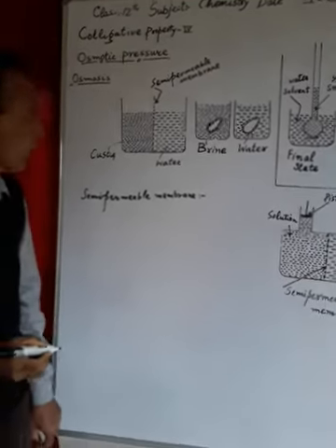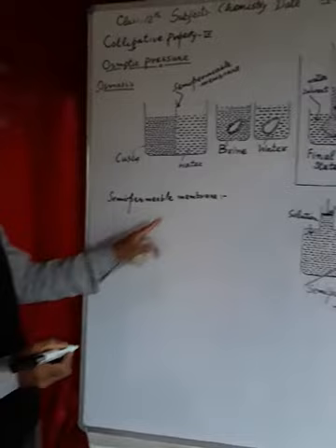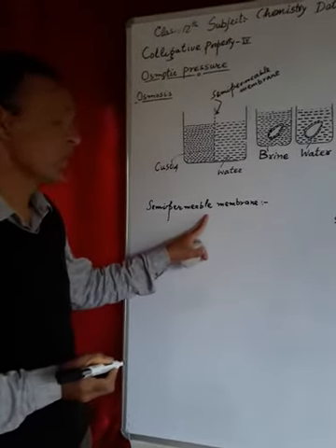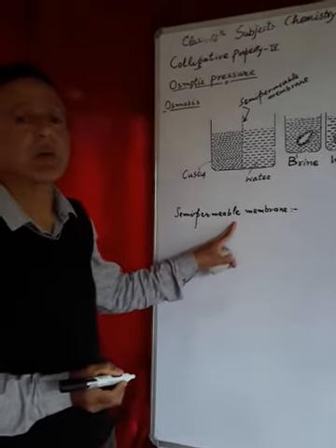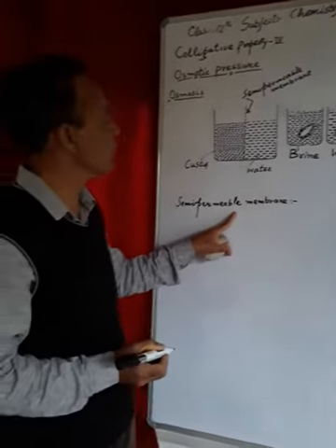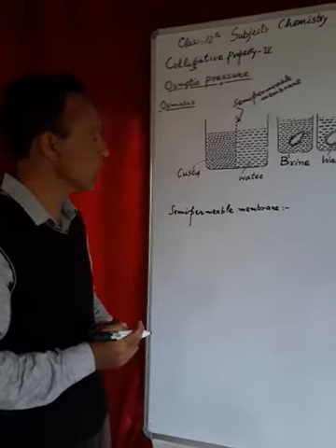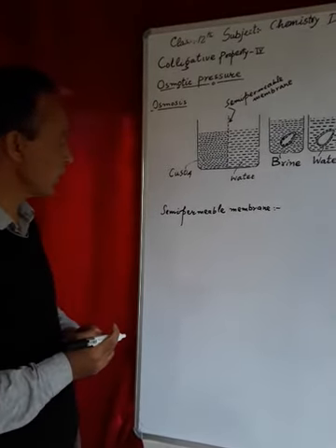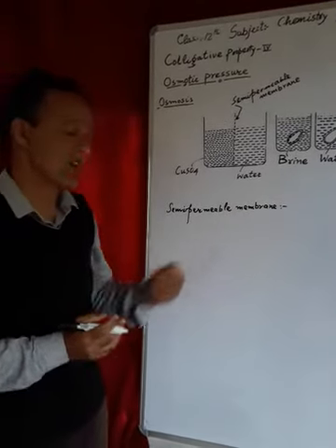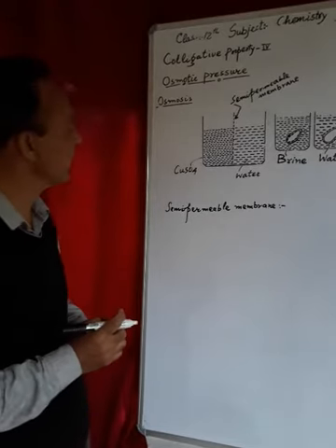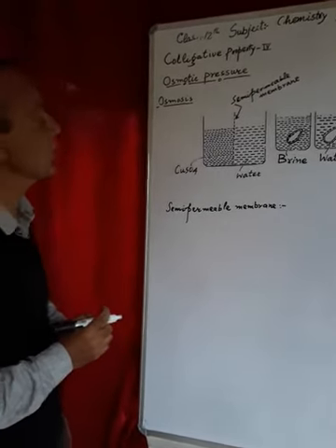It is a membrane which allows only solvent molecules to pass through it, but not bigger molecules like solute particles. The examples are the parchment paper, the animal bladder, that is the pig bladder, goat bladder, and cellophane.